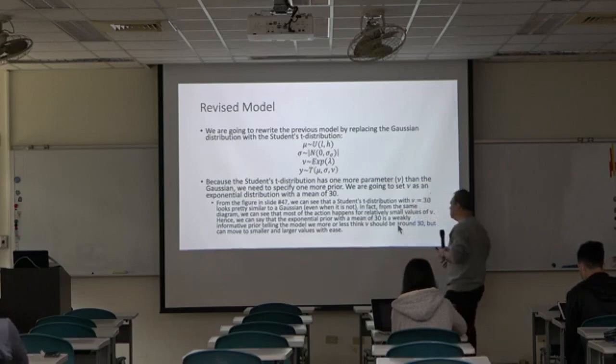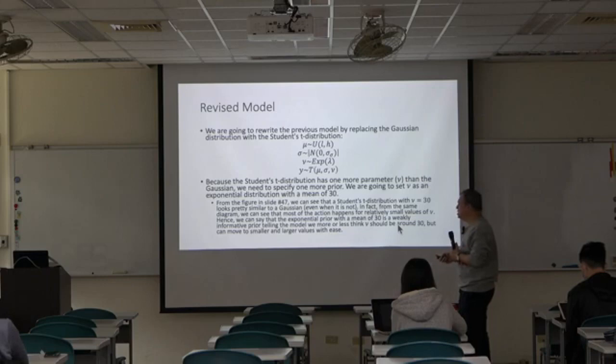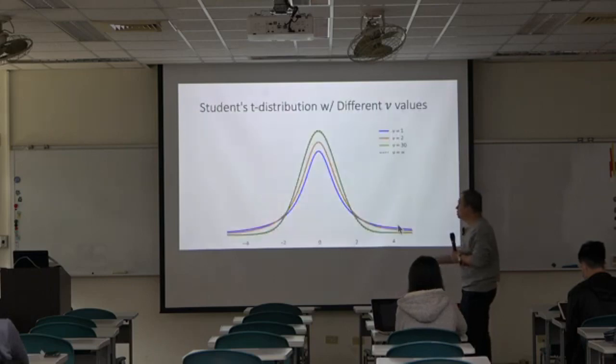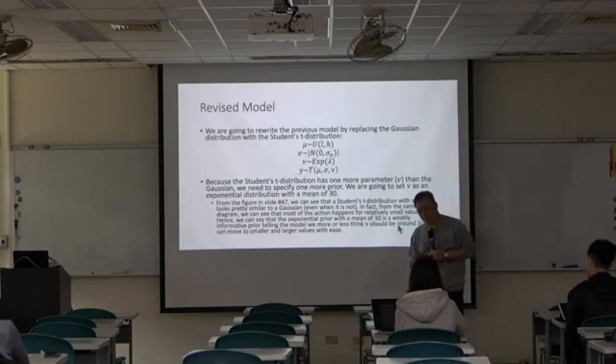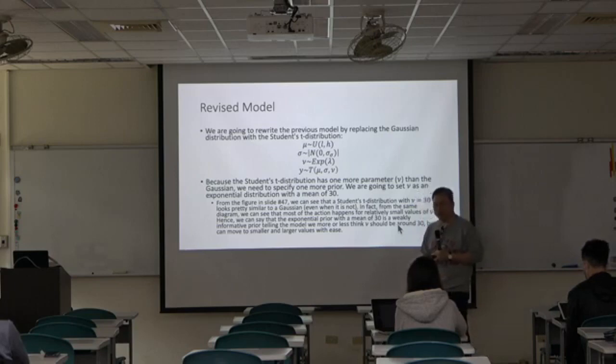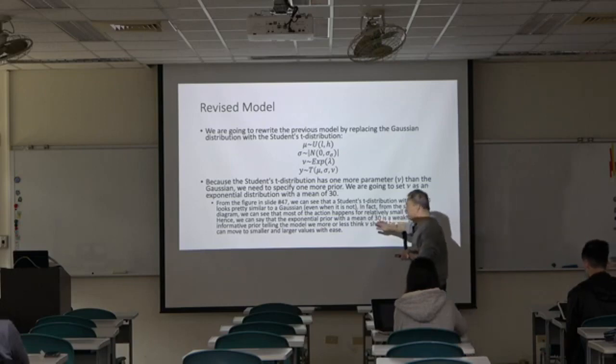We know, for example, that when v is 30, it's already very, very close to the normal distribution. We want it to be similar to our original normal distribution model, so we set this mean to be 30. But keep in mind, this is a weakly informed prior.